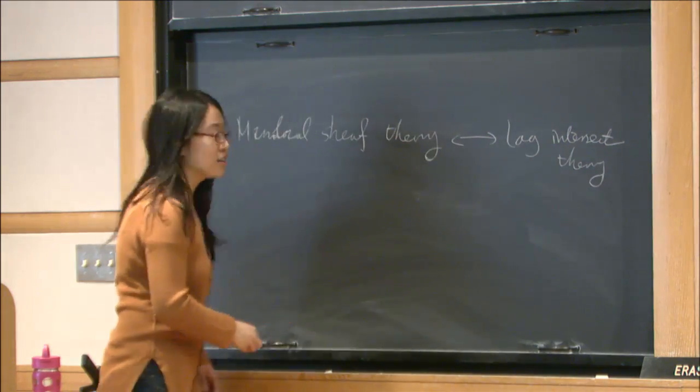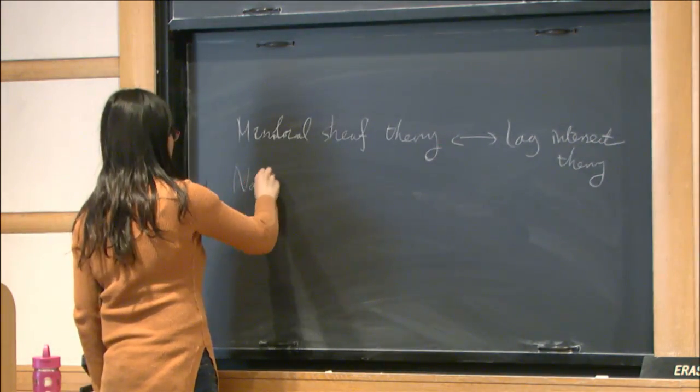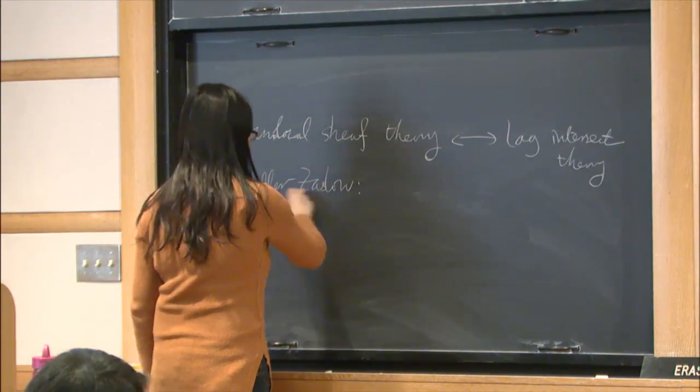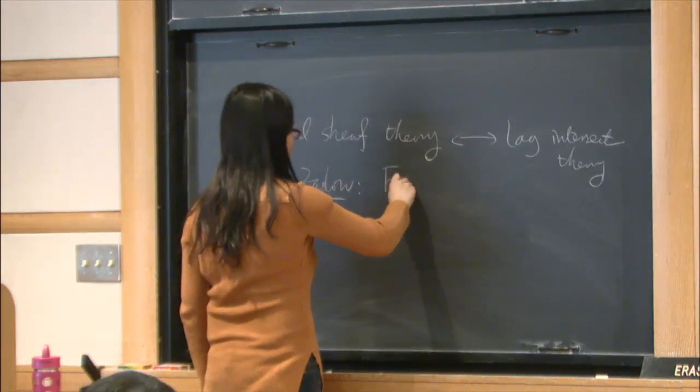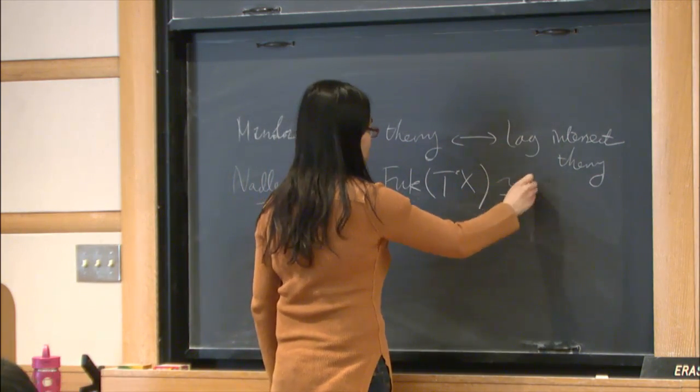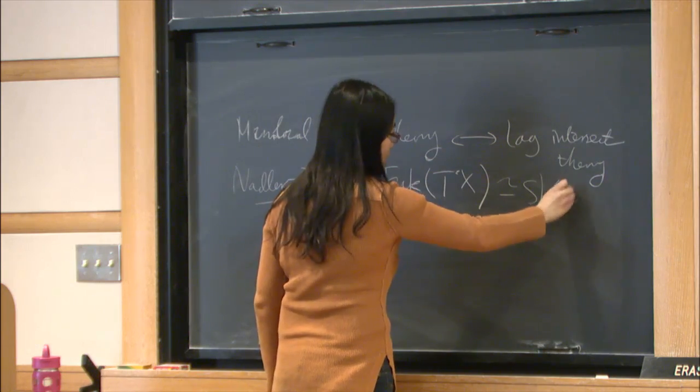Notably, the Nadler-Zaslow correspondence, which equates the Fukaya category of the cotangent bundle of a manifold X with constructible sheaves on X.